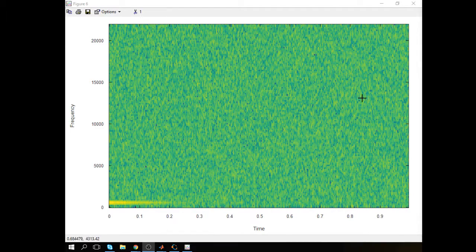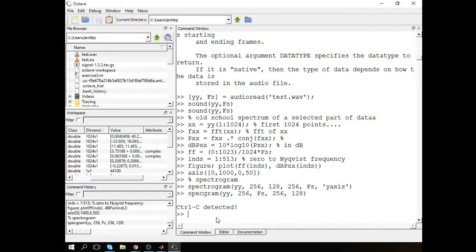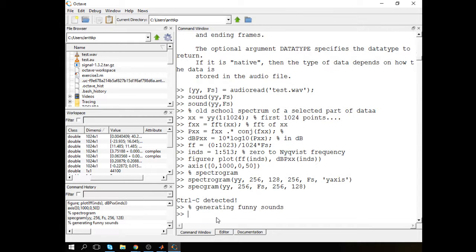There we go. Generating funny sounds. So first I will take the sample points 1 to 44100, divided by fs. So this is 1 second long.